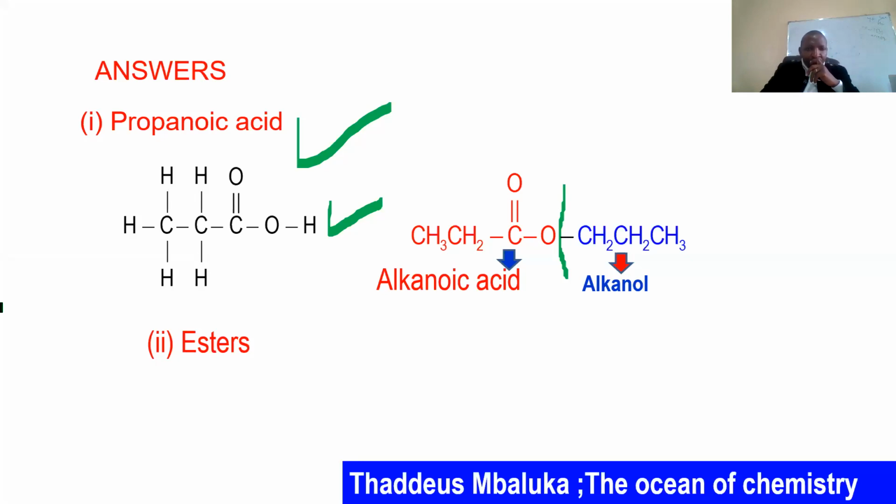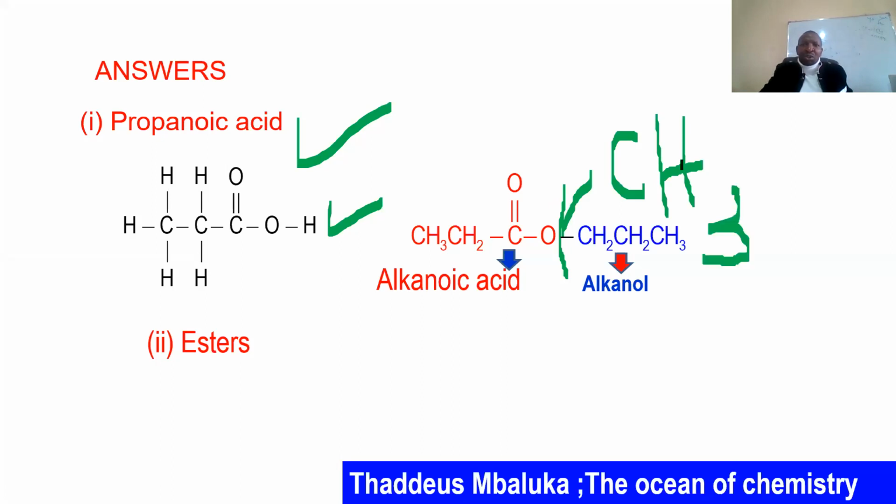Now, Lisa. Yes. What if the number of carbon atoms on the right-hand side and the left-hand side are not the same? We can even make it like this. What if it was like this? CH3. Assume here there was only CH3. The idea is you cut in the middle where the O is.